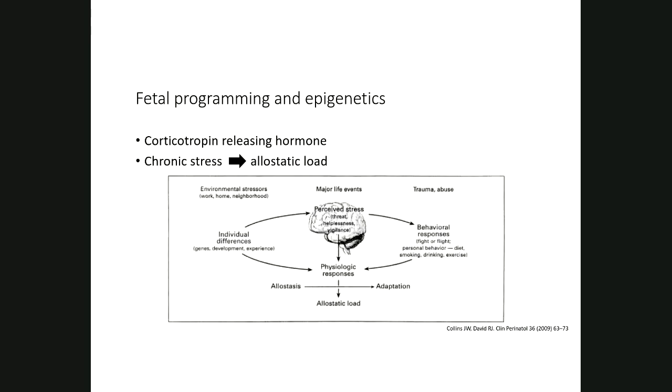There's been an outpouring of studies related to programming during fetal life affecting health status as an adult. The easy example is the Barker hypothesis, where adverse nutrition early in fetal life results in metabolic syndrome for adults.